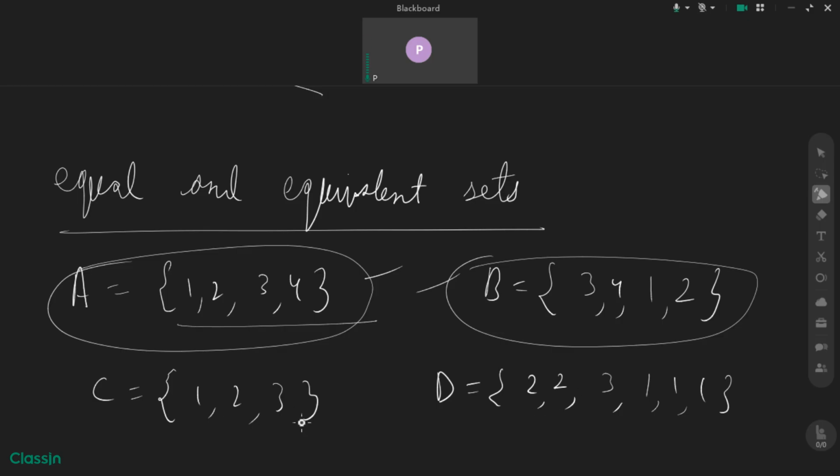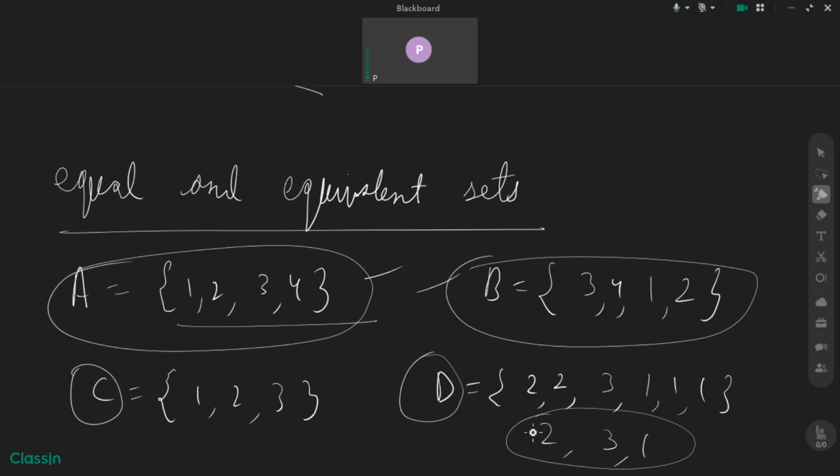It has 2, it has 2; it has 1, it has 1; it has 3, it has 3. So I will say that these two sets are equal, because in sets we don't repeat the elements. We write just the distinct elements, so it has just 3 elements. So these two sets are equal.